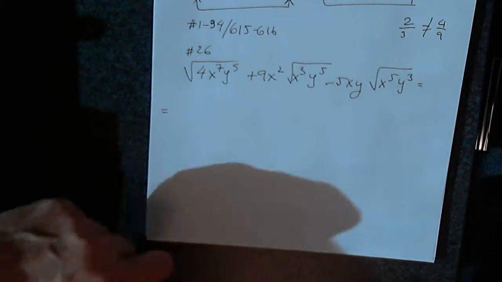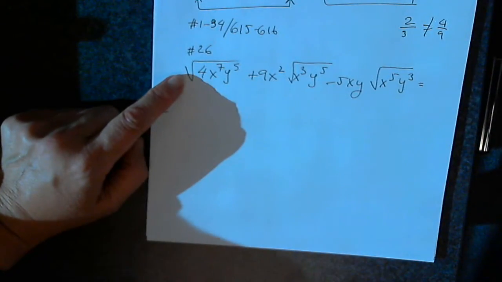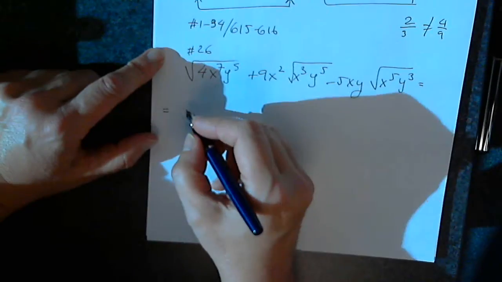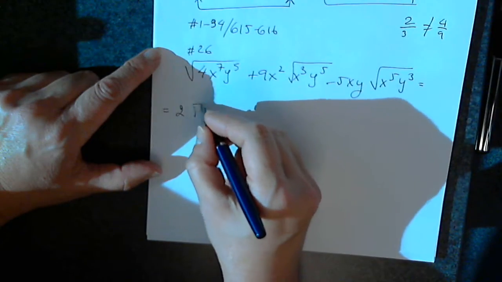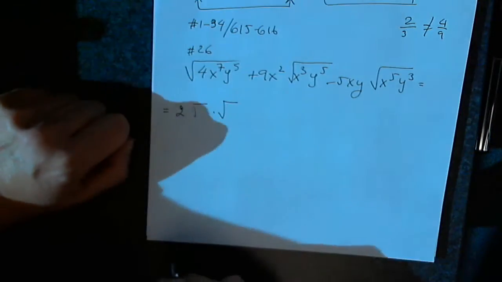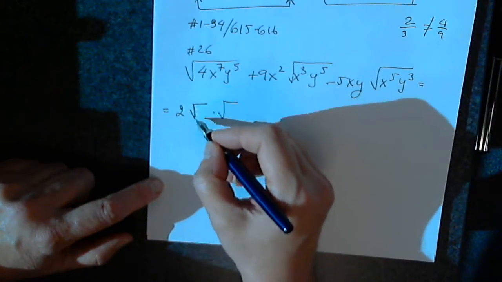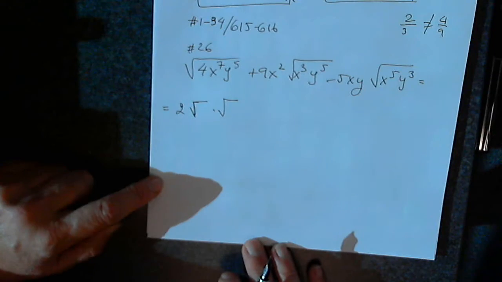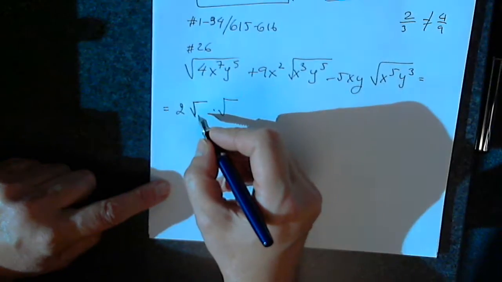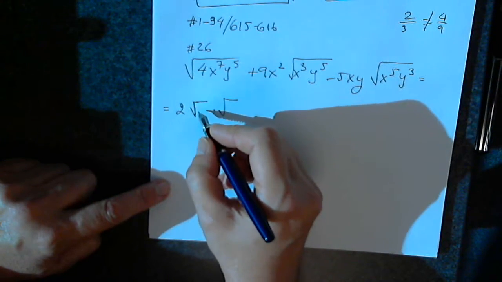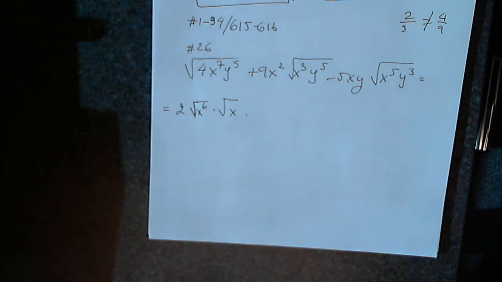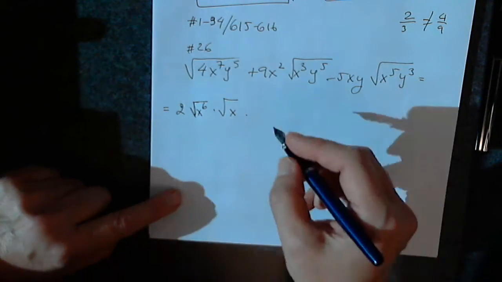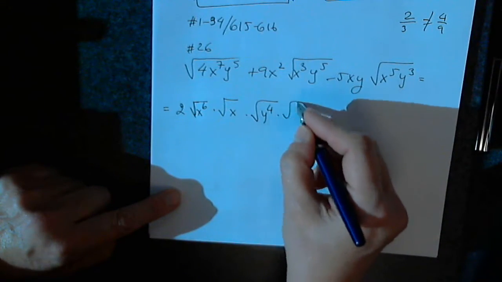Good. So the square root of 4, that is friendly, which is 2. But the square root of 7 has to be presented as the square root of times the square root of. Very good. X to the 6th and x. And the square root of y to the 5th will be split into? Very good.